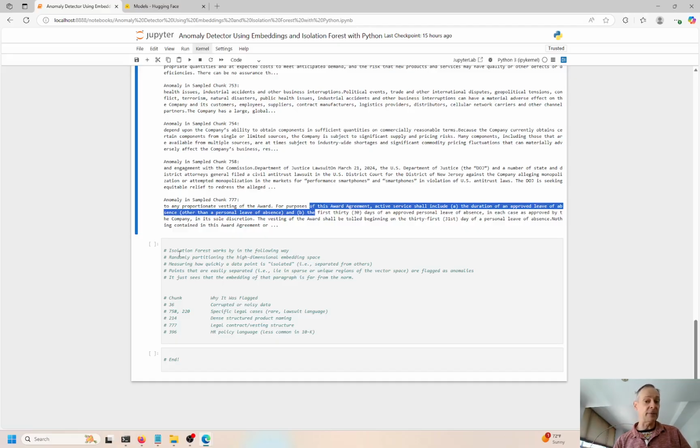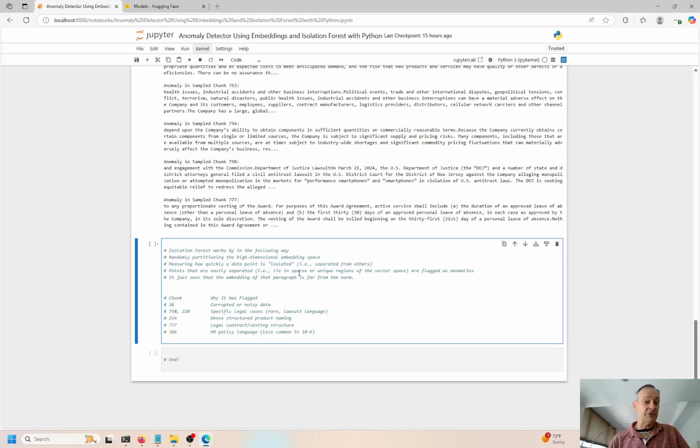That's going to be different. If it's homogeneous, it's going to be all blended together. We're looking at points that are easily separated in this space, right? So we're taking these mathematical representations and looking at how different they are from the rest of the body of text. If that's different, that's your outlier right there, right? And it sees that embeddings of paragraphs is far from the norm.